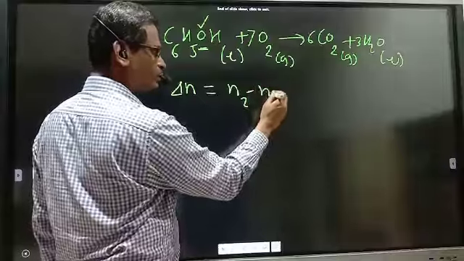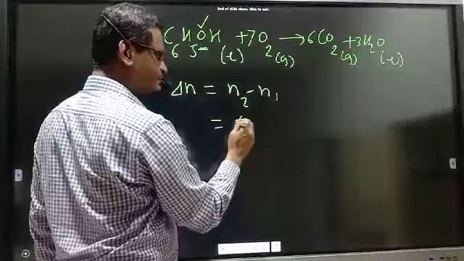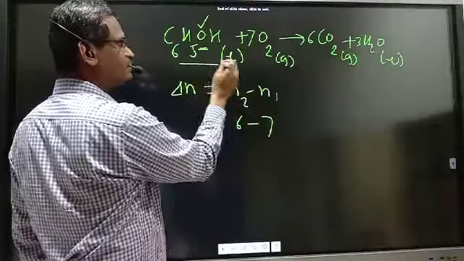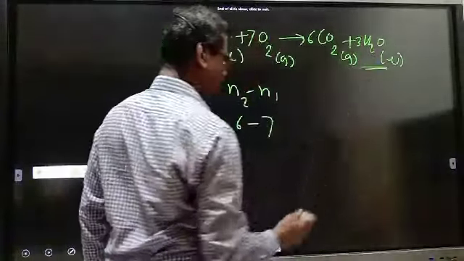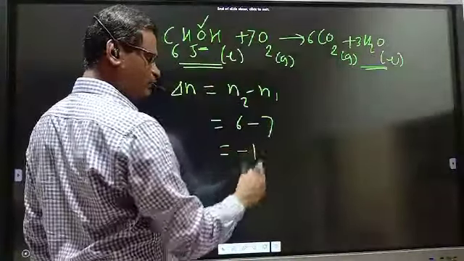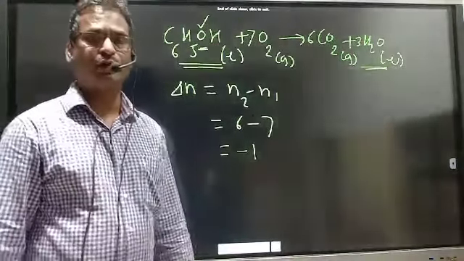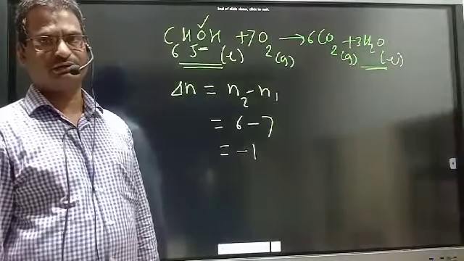N2 minus N1, gaseous product and gaseous reactant. Gaseous product 6 minus gaseous reactant 7. This is not considered because it is liquid. This is not considered because it is liquid. 6 minus 7, answer is minus 1. That is how change in number of moles during combustion reaction can be calculated.